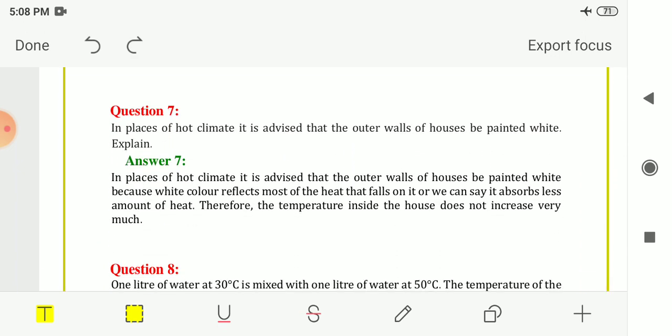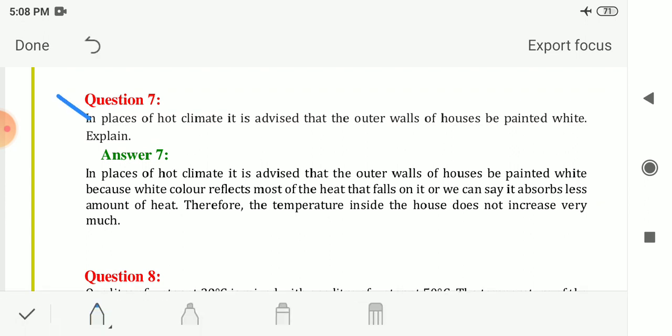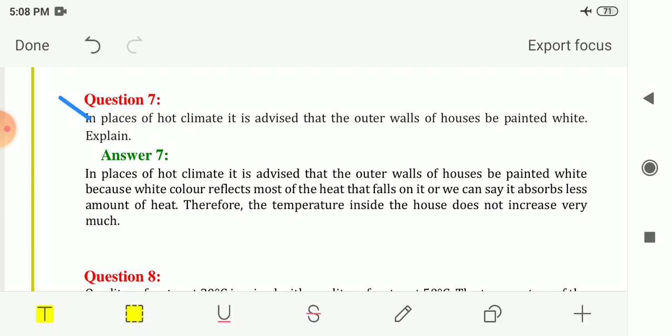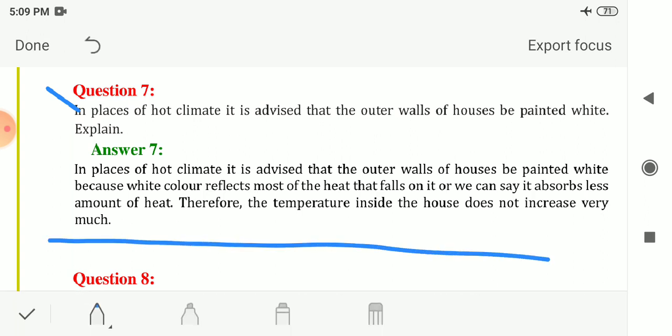Now next question is, in places of hot climate, it is advised that the outer walls of houses be painted white.